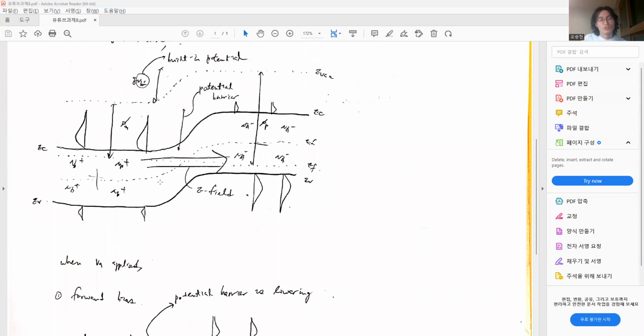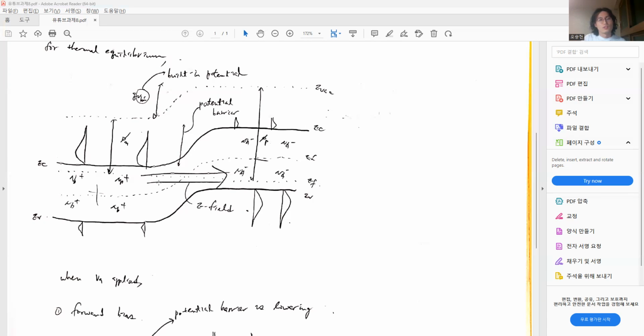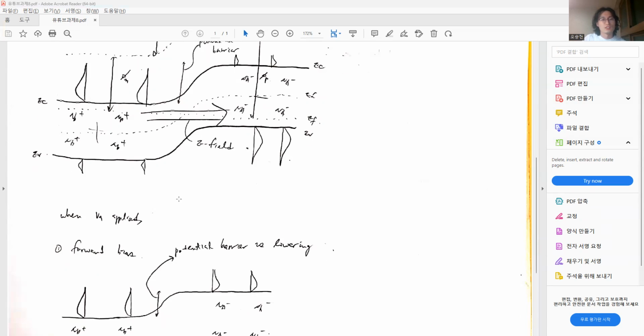So there is the high possibility that the electrons can overcome the barrier.